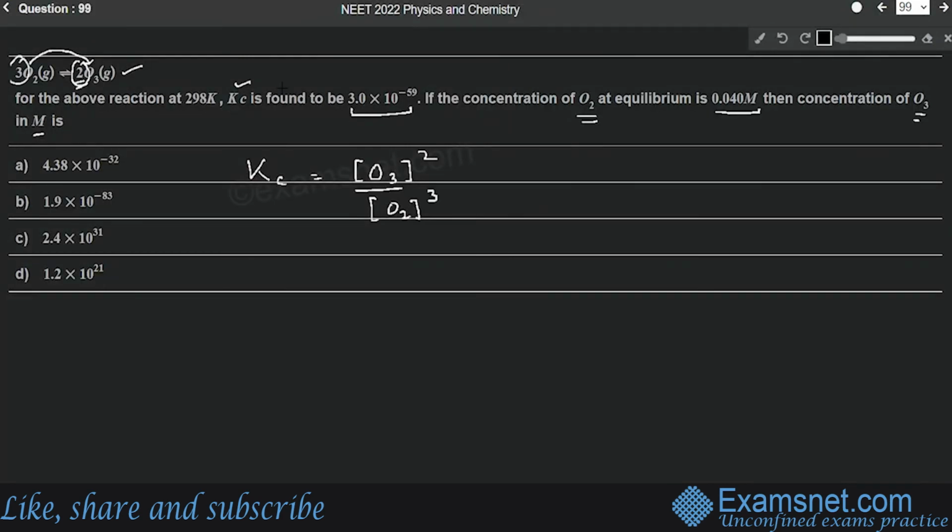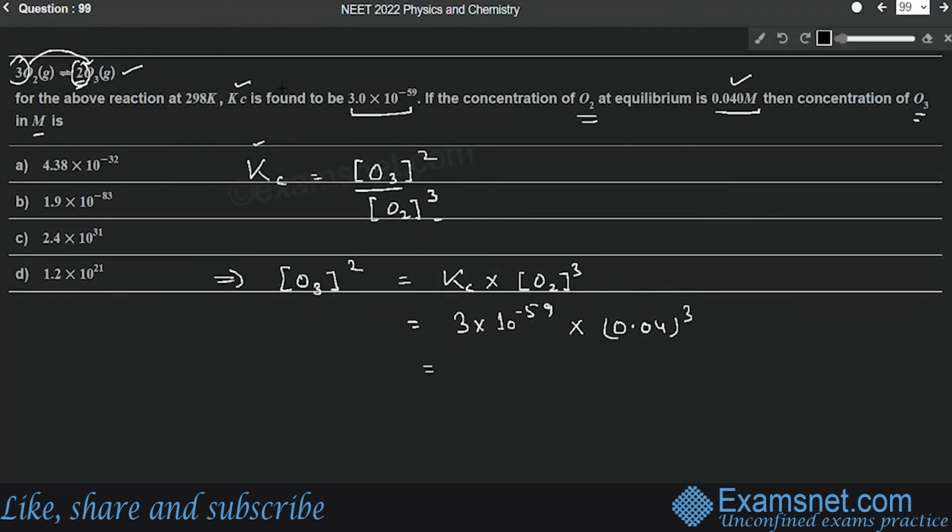Now, here we are given Kc and the concentration of oxygen. We have to determine the concentration of ozone. So, concentration of ozone raised to the power 2 will be equal to Kc into concentration of oxygen raised to the power 3. Kc is 3 into 10 to the power minus 59, into concentration of oxygen 0.040, and the power is 3.